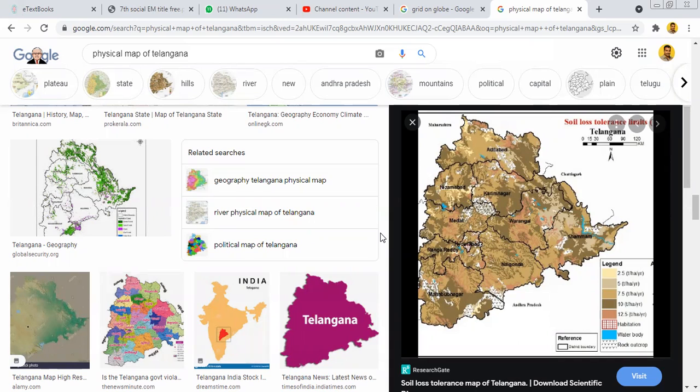Okay, then contour lines. Already you know the contour line. A contour line is a line joining places with equal heights on the map. So the places which lie on the contour line have the same height. We can say it in any manner.